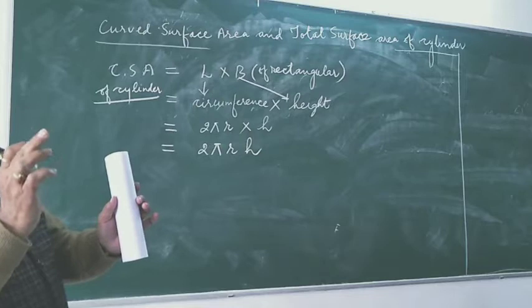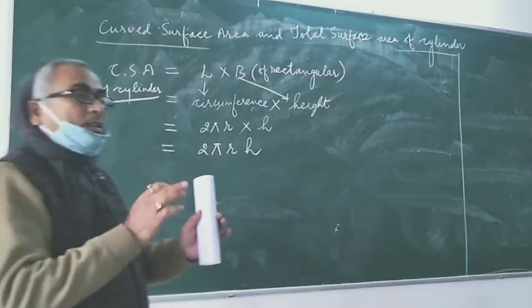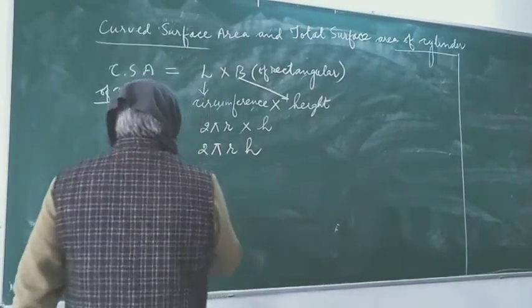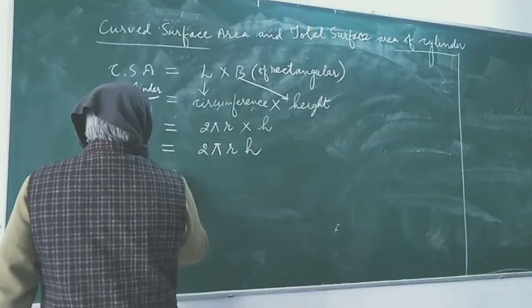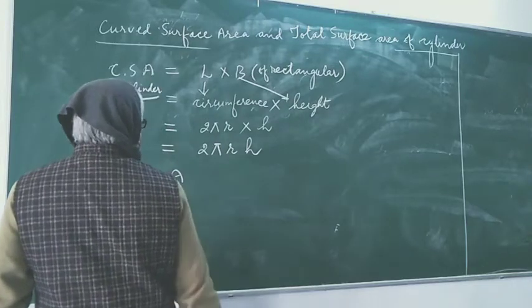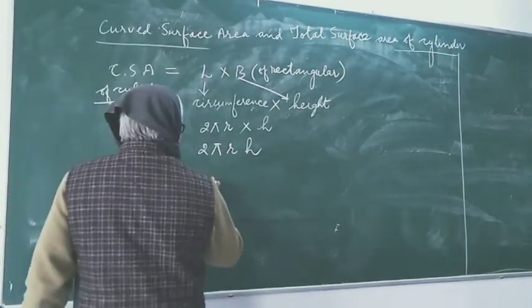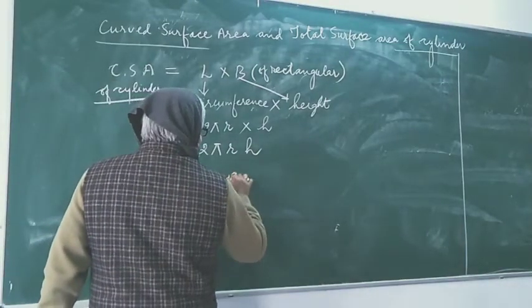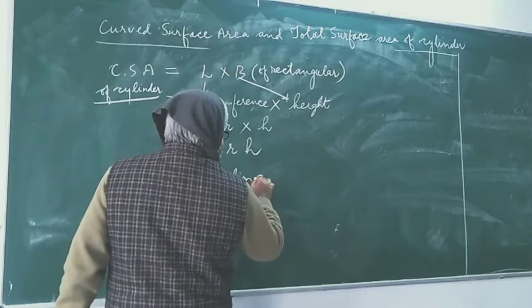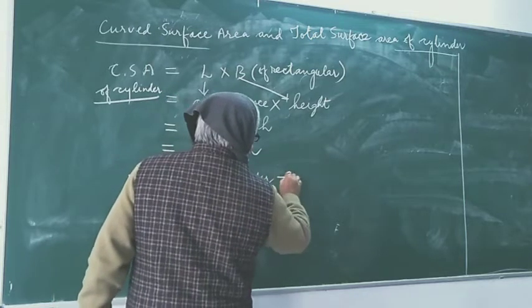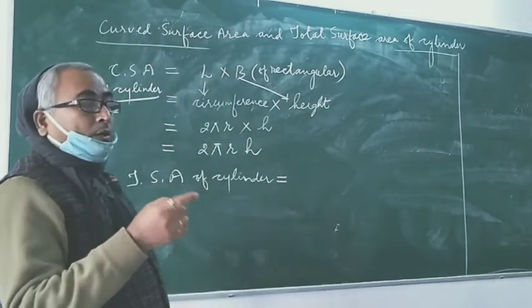Total surface area. How can we calculate? TSA, T means total, S means surface area of the cylinder.